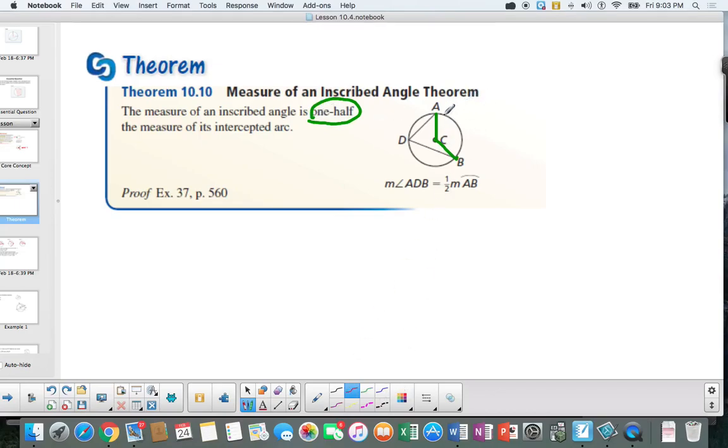Remember, the intercepted arc is this thing right here, and it's actually equal to the central angle. So this angle and this arc are in a 2-to-1 ratio, because this is going to be twice as big in degrees as this. Let's go ahead and look at the proof.